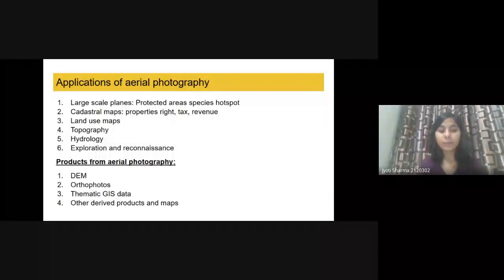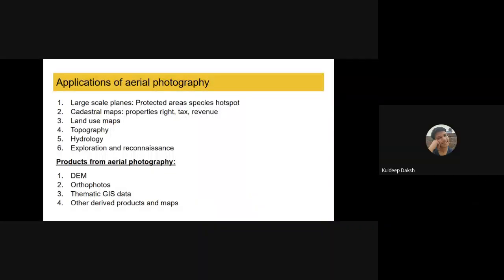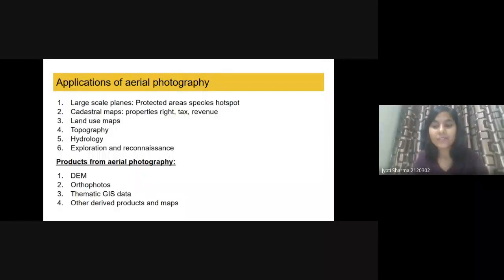Then we also have some products, the DEM. Can anyone guess what DEM is? Digital. Okay, so this is the digital elevation model.